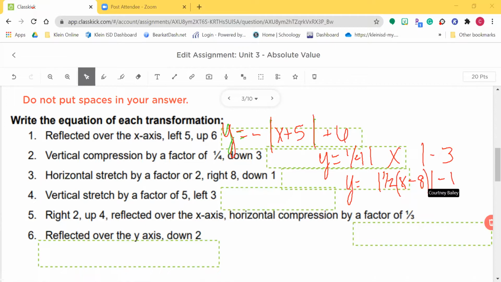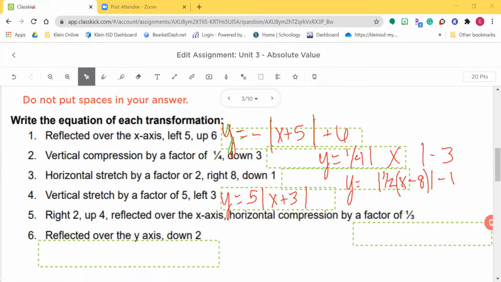Number 4, here's my skeleton. Vertical, inside, outside? Outside. 5 or 1/5? 5. Left 3, inside, outside? Inside. Plus or minus? Plus 3 with my X. Very good.